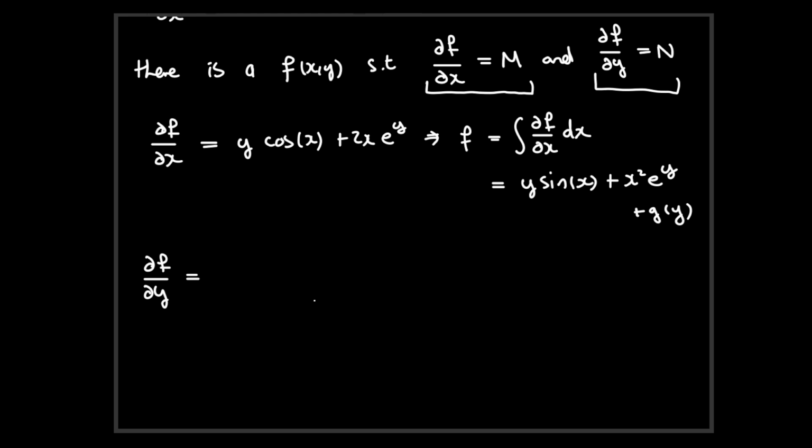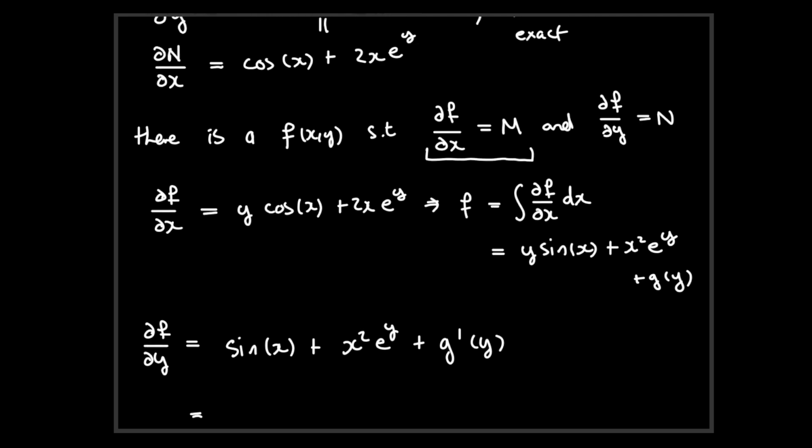We're going to get exactly sin x plus x squared e to the y plus just g prime of y. Okay, good. But now this is equal to N. That's what this is saying up here.